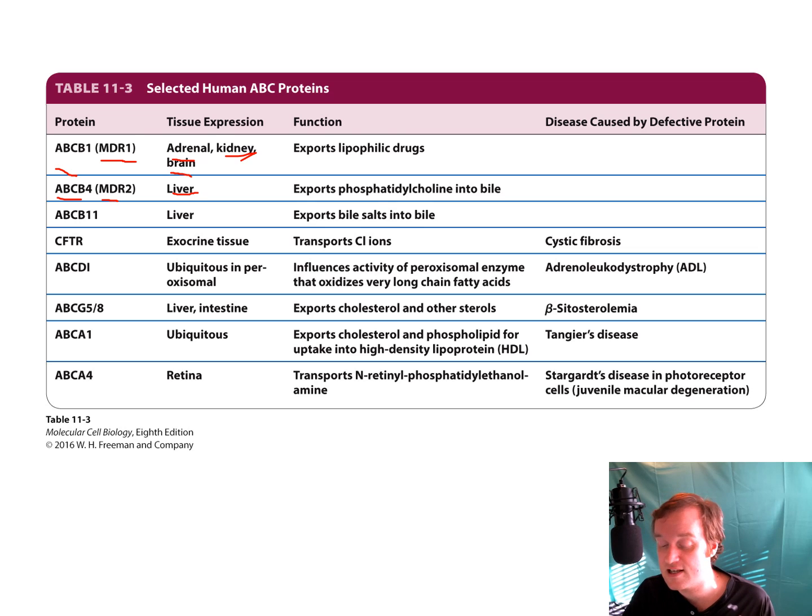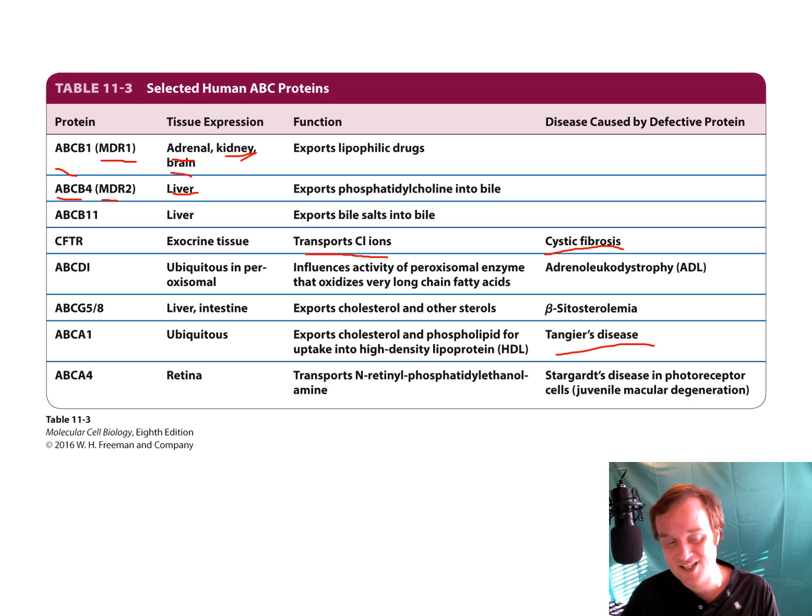And some of these can cause diseases you are familiar with. So the CFTR, which is an ABC superfamily protein, transports chlorine ions. A mutation in it causes cystic fibrosis. Some of these other diseases, I've heard of Tangier's disease, but some of these other ones I'm not as familiar with.